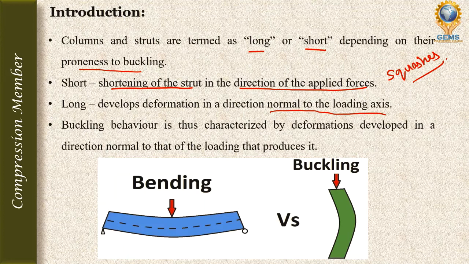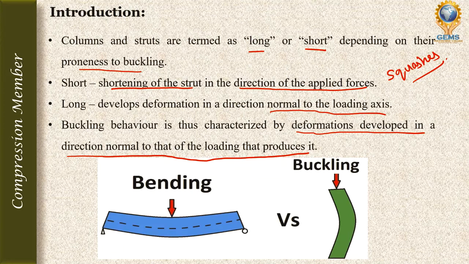So what is meant by buckling? Buckling mainly occurs in members that are subjected to compressive forces. It is a behavior characterized by deformation developed in a direction normal to that of the loading that produces it.